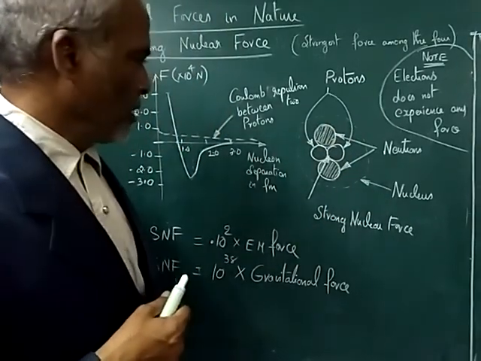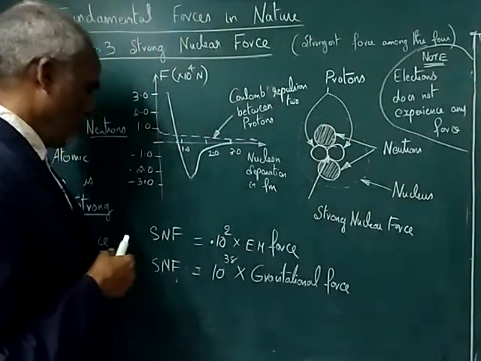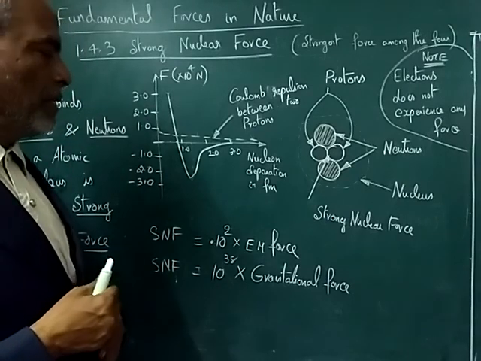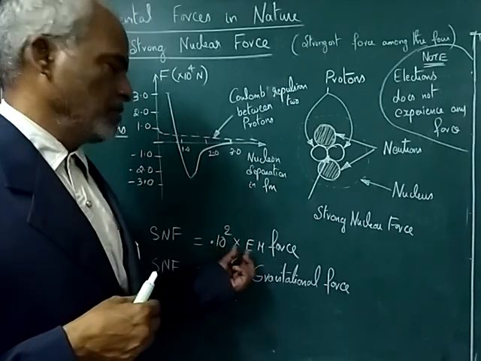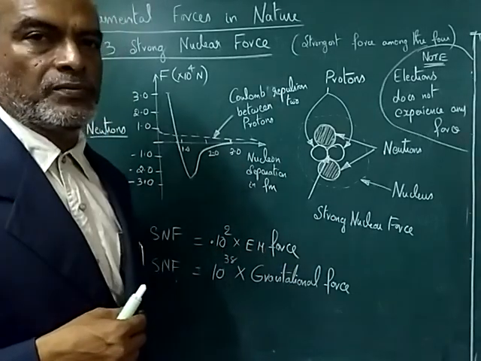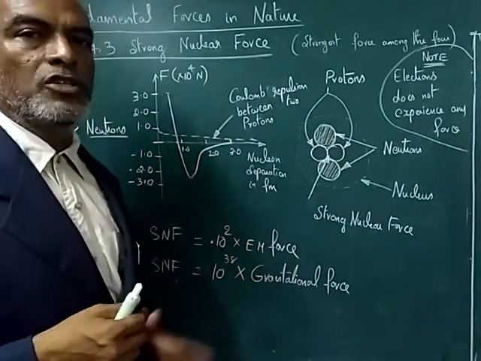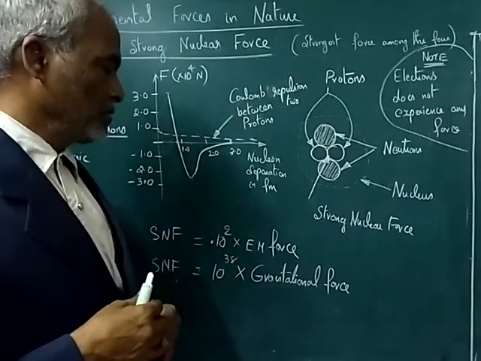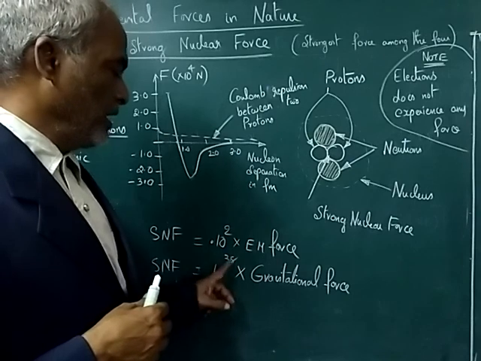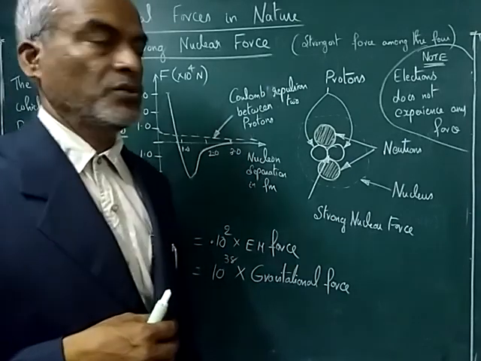The last point is that the strong nuclear force is 100 times the electromagnetic force. The strong nuclear force is 10 power 38 times the gravitational force.